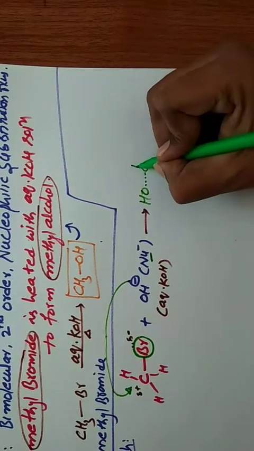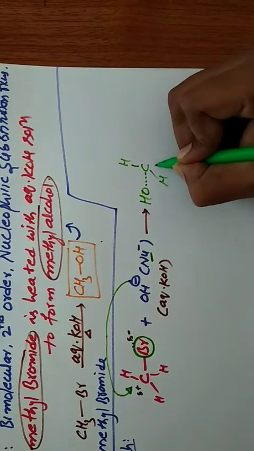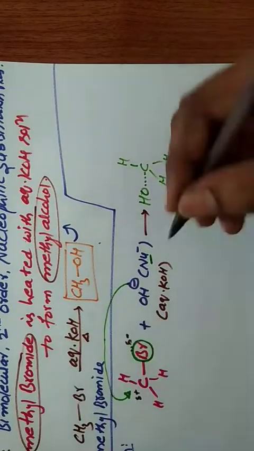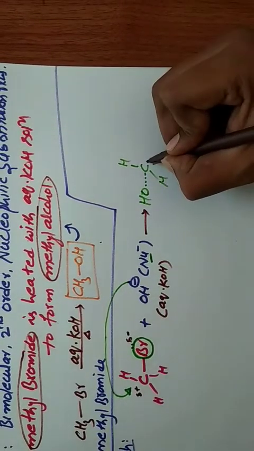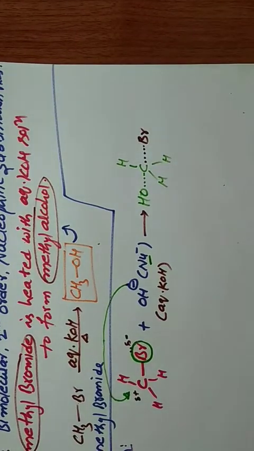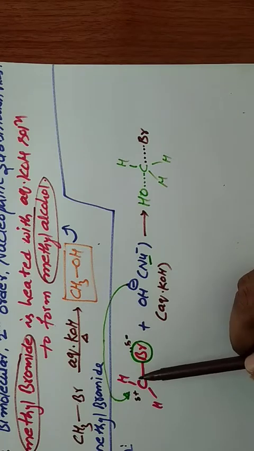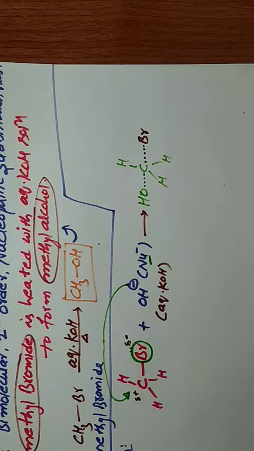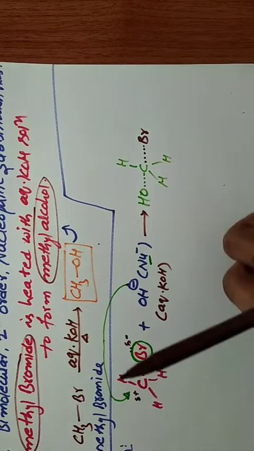The maximum capacity of carbon is 4 covalent bonds only. Whenever the OH group attaches to carbon, it would be a 5th bond, so it is unstable. That's why the carbon bromine bond slowly breaks and a new bond forms with the nucleophile. This is called the transition state.